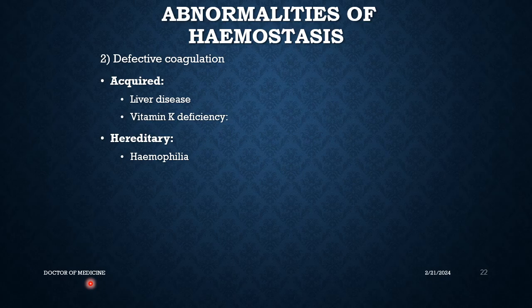The most common type, present in 85% of individuals, is known as hemophilia A. You have absence of clotting factor 8, otherwise known as anti-hemophilic factor A. Hemophilia B is absence of clotting factor 9, known as the Christmas factor. So if you hear people talking about Christmas disease, they're talking about hemophilia B. It's present in 15% of the population.